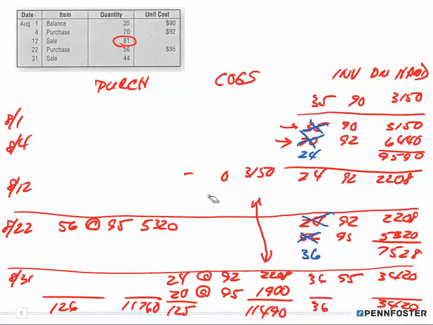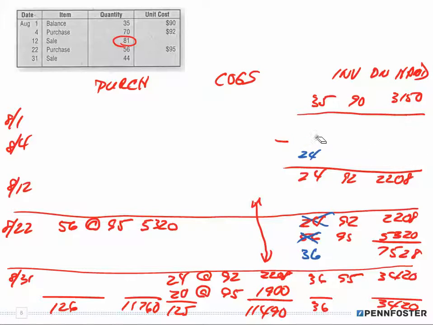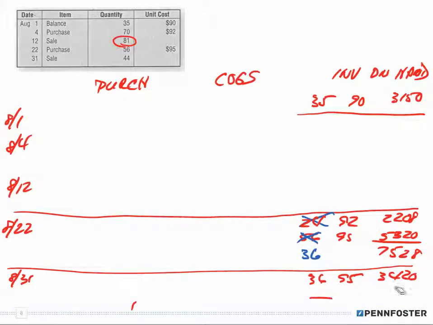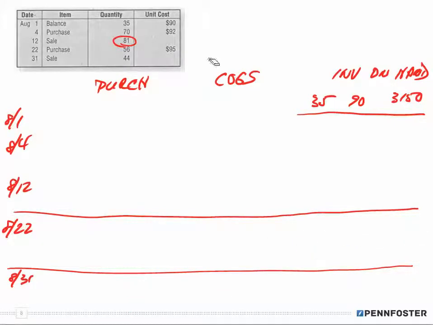All right, so if you're back, I have to erase out the pertinent information here because we're going to do LIFO next, last in, first out. Basically, it's doing the same exact thing as FIFO, except we're working from the opposite direction. So my beginning inventory on 8/1 is 35 at 90.